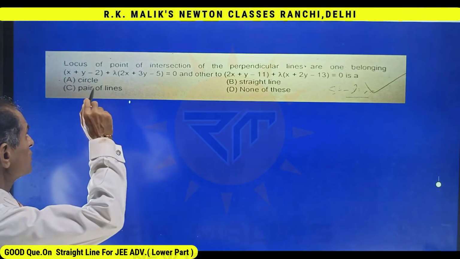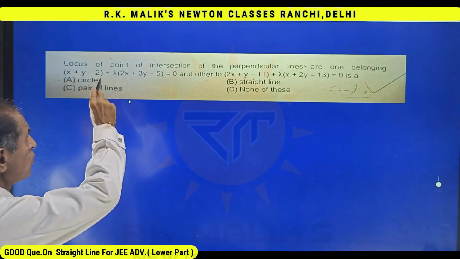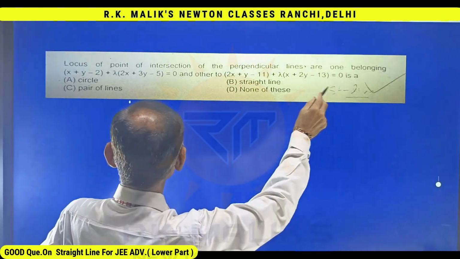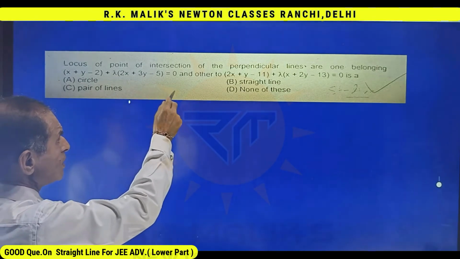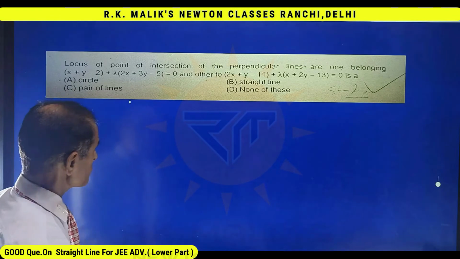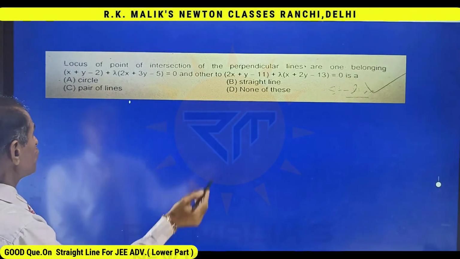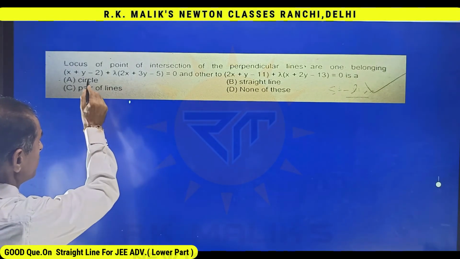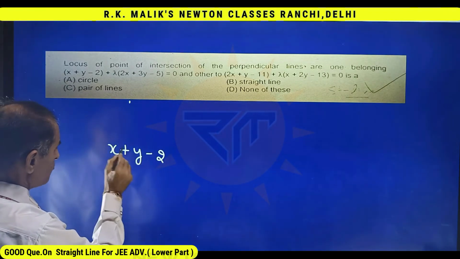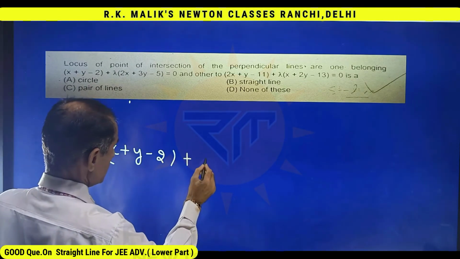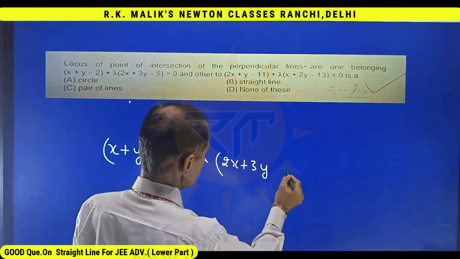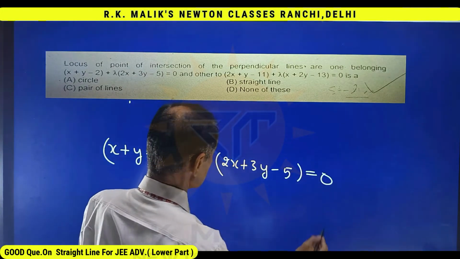In this question, he is asking the locus of the point of intersection of perpendicular lines, one belonging to this family, the other belonging to this family. The meaning of the question is there are two families of lines represented by the first equation, which is x plus y minus 2 plus lambda into (2x plus 3y minus 5) equal to 0.